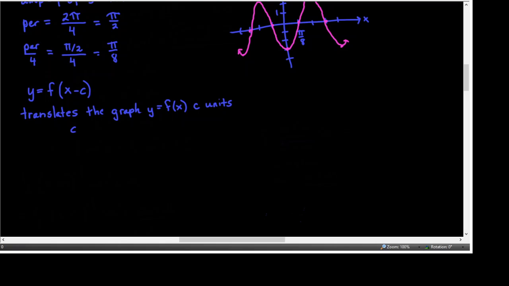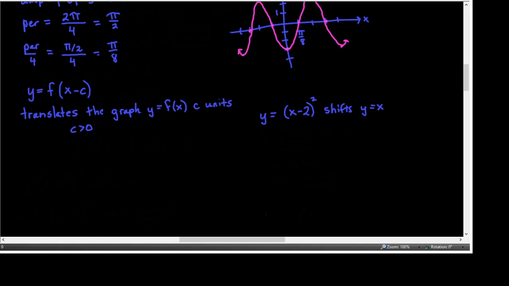If c is positive, so for example, let's write a positive one over here, if I had y equals x minus 2, where 2 is a positive number subtracted from x, that would actually shift the graph of y equals x squared.